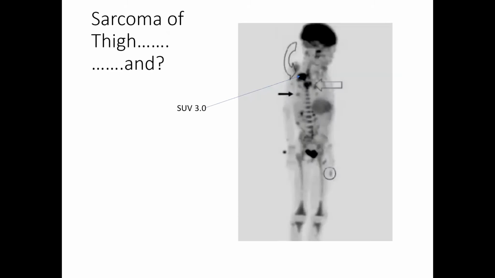And then you get a chap like this. He's just had a sarcoma resected from his thigh, and you can see the metabolic activity, which is taking up the glucose, the radiolabeled glucose, in the thigh with a circle around it.